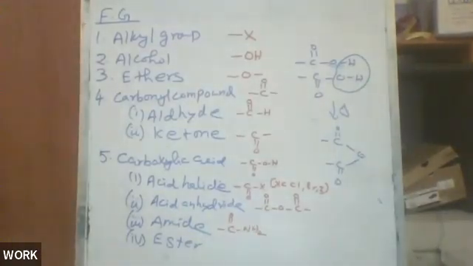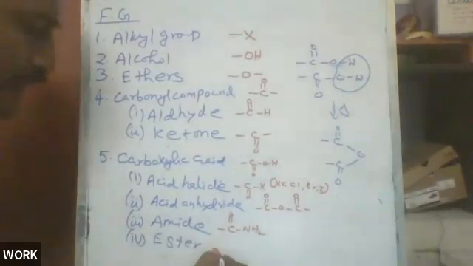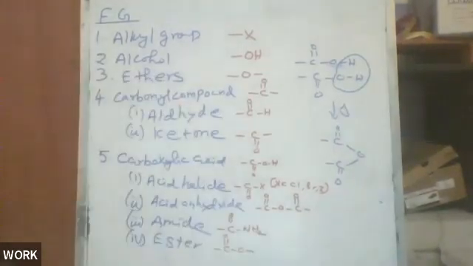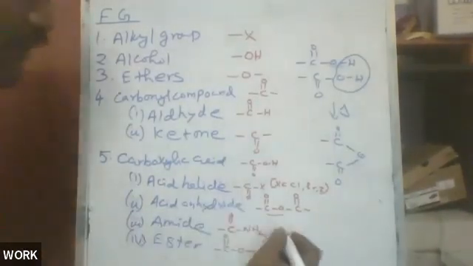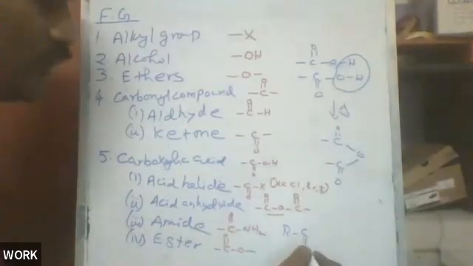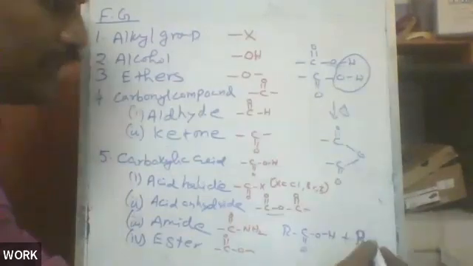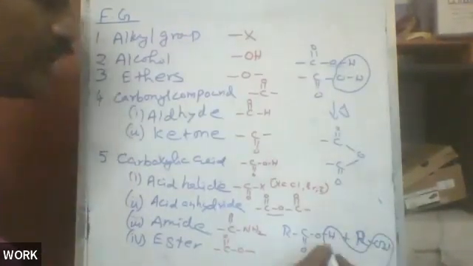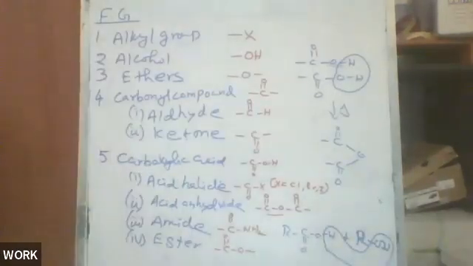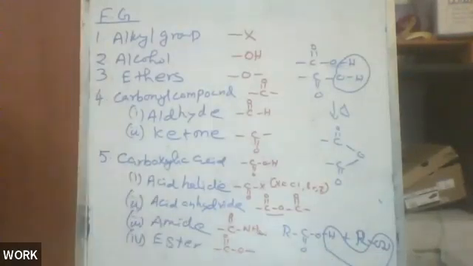Next, ester means the group will be RCOO. See, up to here it is the ester. How will it be formed? When you have the carboxylic acid COOH plus alcohol ROH, what happens? If this OH and this OH combine and leave, you get RCOOR. So one R group is from the alcohol and one R group is from the acid.